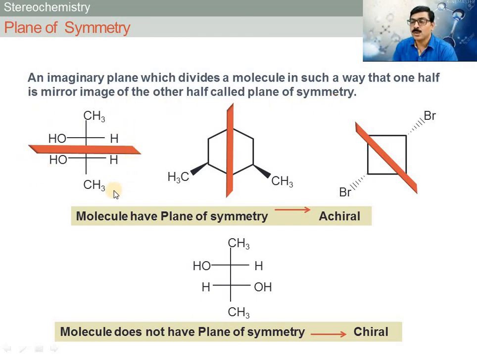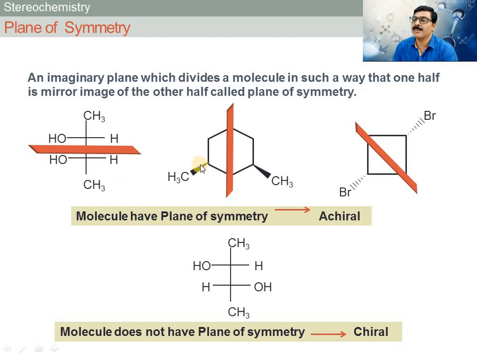If you draw an imaginary plane horizontally in between the molecule, then it is observed that the first half is the mirror image of the second half, and so such a molecule contains a plane of symmetry. Means the molecule is divided into two halves and both halves are mirror images of each other, so such a type of molecule contains a plane of symmetry.